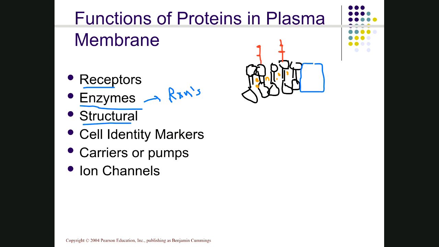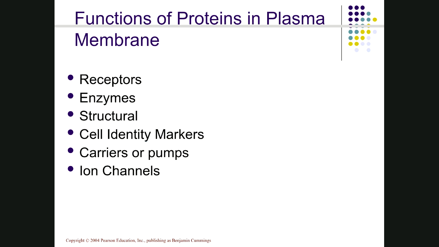They're part of the membrane itself. They can be markers to let us know that these cells belong to us. Well, all of those things are important. But the things that are most important for us are these last two, because these are the things that are involved in producing these electrical potentials.